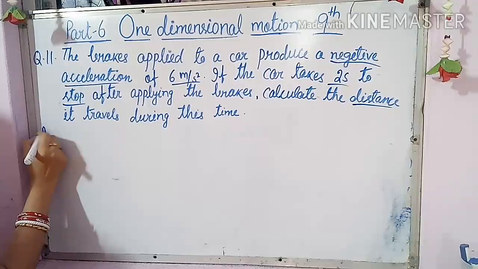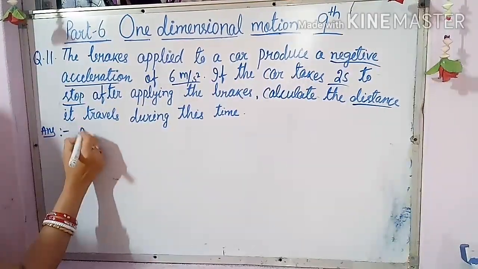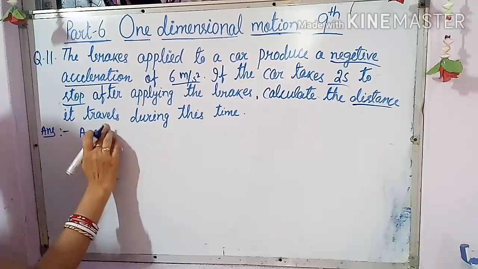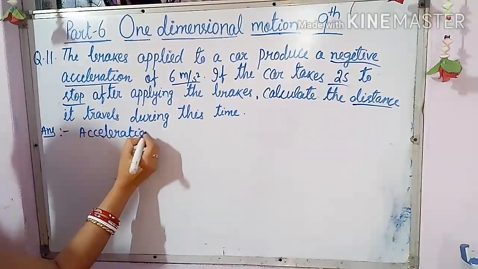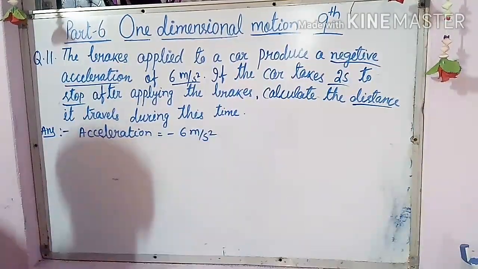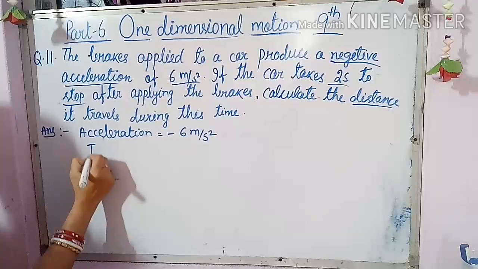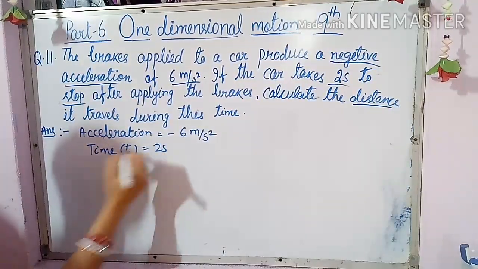Now let's write it symbolically. Negative acceleration means acceleration a equal to minus 6, because it is negative. Then 2 seconds is your time, t equal to 2 seconds.